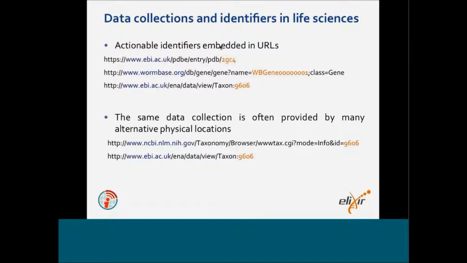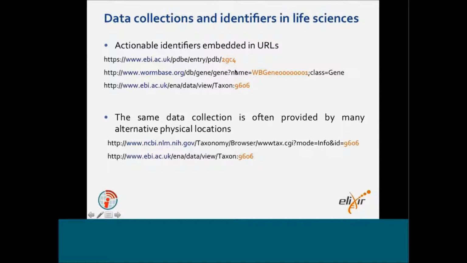In life sciences, we often use identifiers to identify entities uniquely, and all our databases here at the EBI have unique identifiers to identify the individual entities. And they are made actionable by embedding them in a URL.